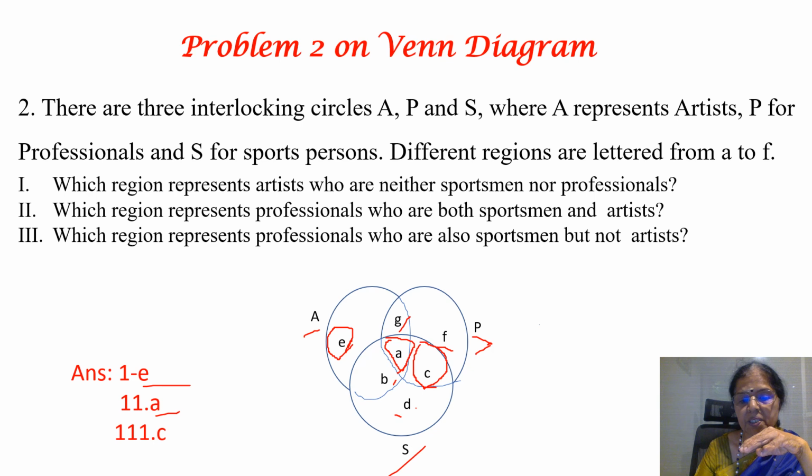This circle excludes artists. This is not professors, they are professionals. So change this professors to professionals. Alright. So the answer for the third question is C, who are professionals but also sportsmen but not artists.